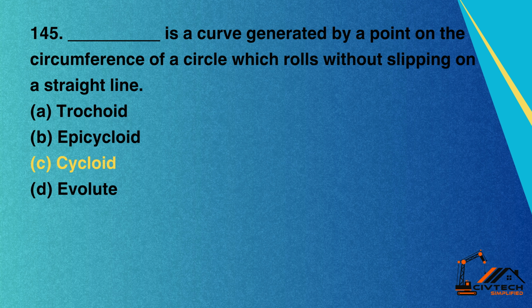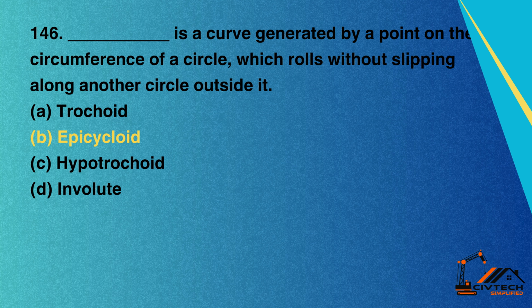Correct option, C. Cycloid. 146. What is a curve generated by a point on the circumference of a circle which rolls without slipping along another circle outside it? A. Trochoid, B. Epicycloid, C. Hypotrochoid, D. Involute. Correct option, B. Epicycloid.